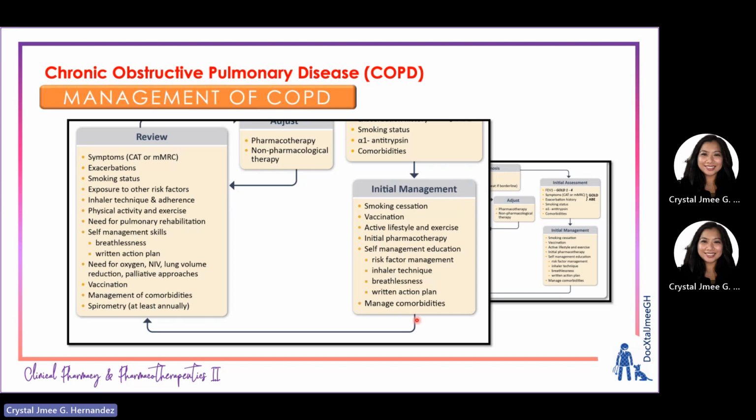So once done with the initial management, we can do the following. We need to review the symptoms as presented in the CAT or mMRC as we have discussed, if there are exacerbations, the current smoking status, exposure to other risk factors, environmental, occupational, inhaler technique and adherence. Again, this is greatly important.